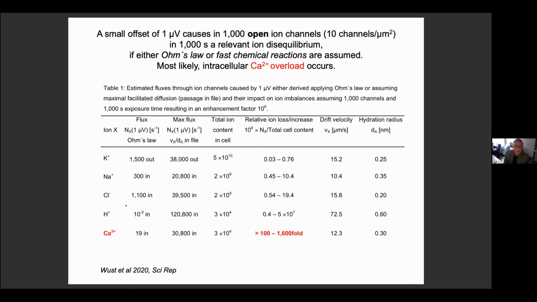So we find for this assumption, also under assuming 1,000 open channels and 1,000 seconds, a very strong disequilibrium of 100 to 1,000 fold of the total cell calcium content.